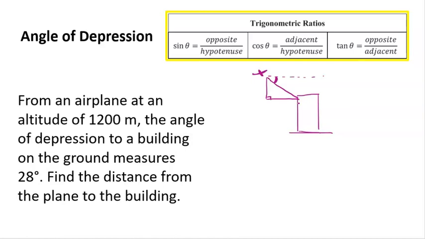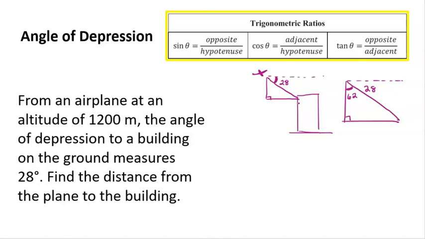And so your angle of depression here is 28, but that's not necessarily what's inside your triangle. So when we're looking at our triangle, if this is 28, then we know that this piece here is going to be 62. And so 62 is what we're going to be using in our trig ratio.